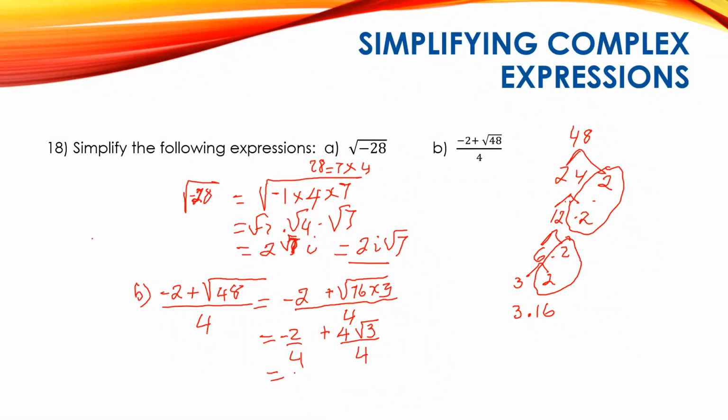And that will be negative 1/2 plus square root of 3, because the 4s cancel out. Okay, that's the way we simplify this one.